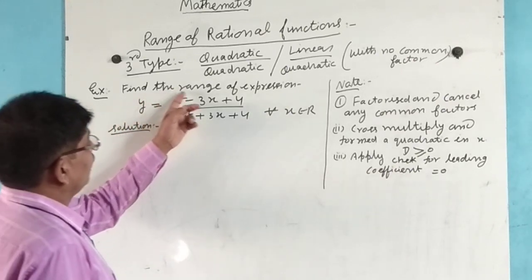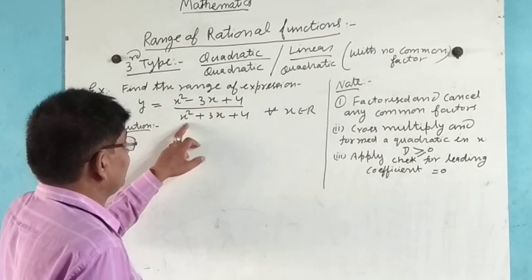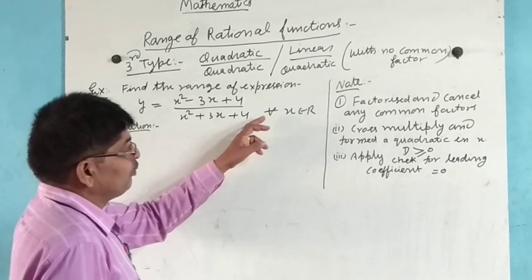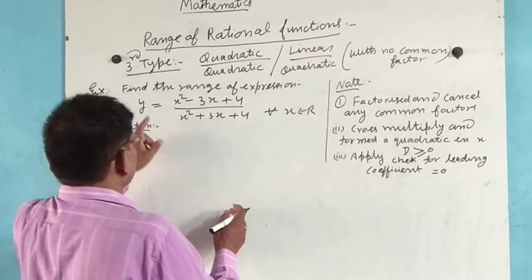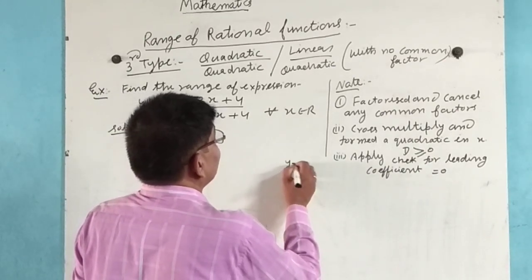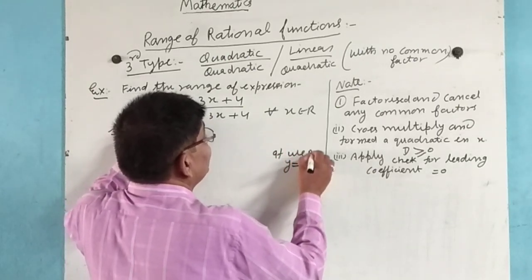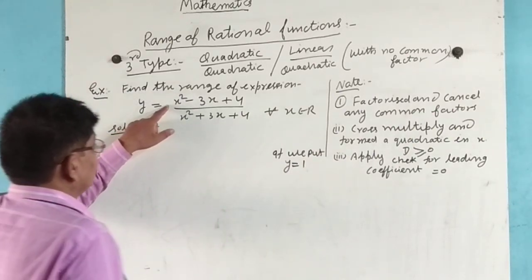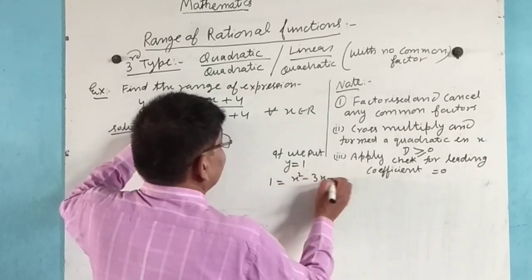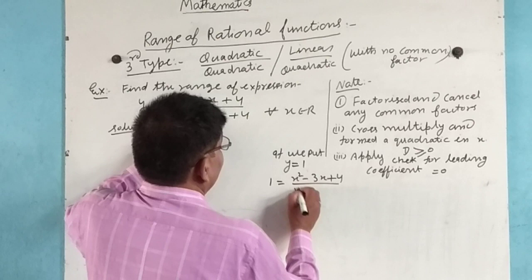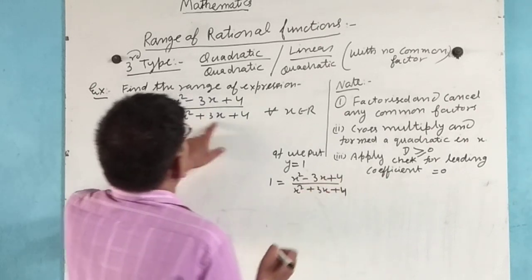Now find the range of expression y equal to x square minus 3x plus 4 divided by x square plus 3x plus 4 for all x belongs R. Now we put y equal to 1 in this case. If we put y equal to 1, this becomes 1 equal to x square minus 3x plus 4 divided by x square plus 3x plus 4.